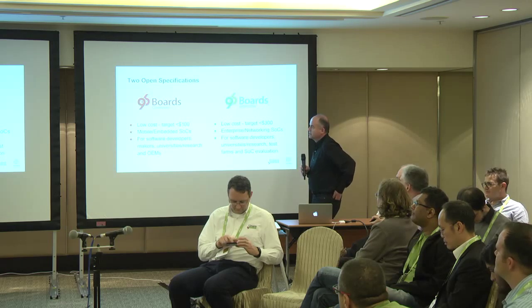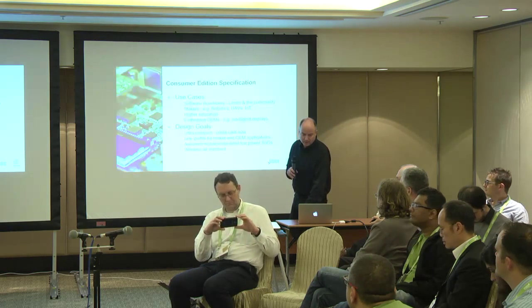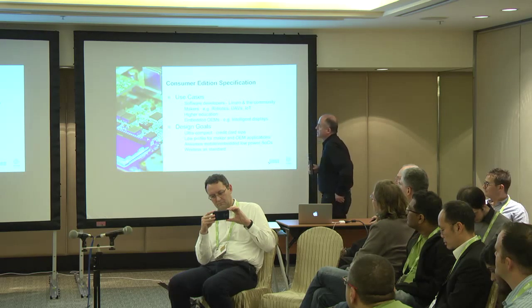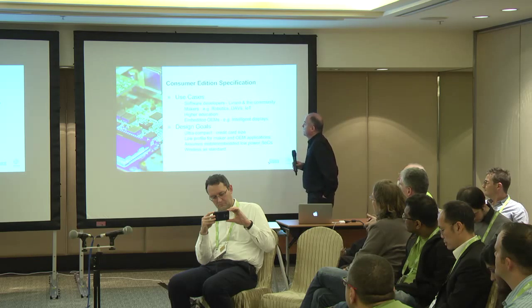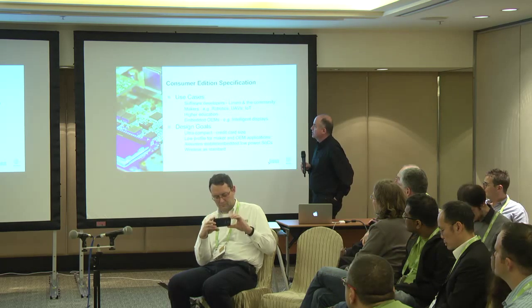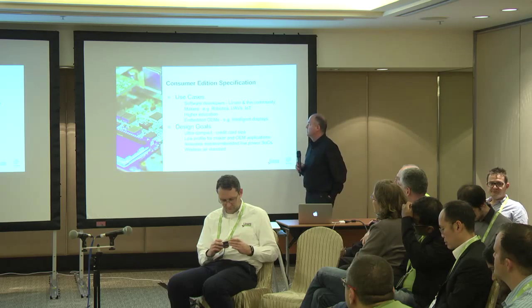So this is what I put up this morning. Two different specifications, don't need to cover that again. But if we start diving into a bit more detail on the consumer edition, the key use cases that we got from the community and from our own requirements were that we wanted to enable software development.